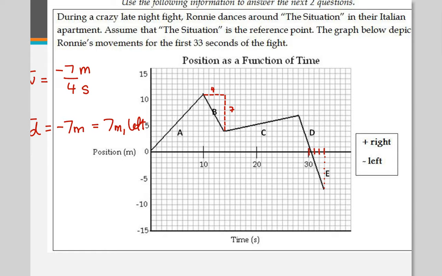Linear. DT, linear, uniform. That's like a word association. If your DT graph is linear, it's uniform motion. Uniform motion, no acceleration. The speed stays the same.